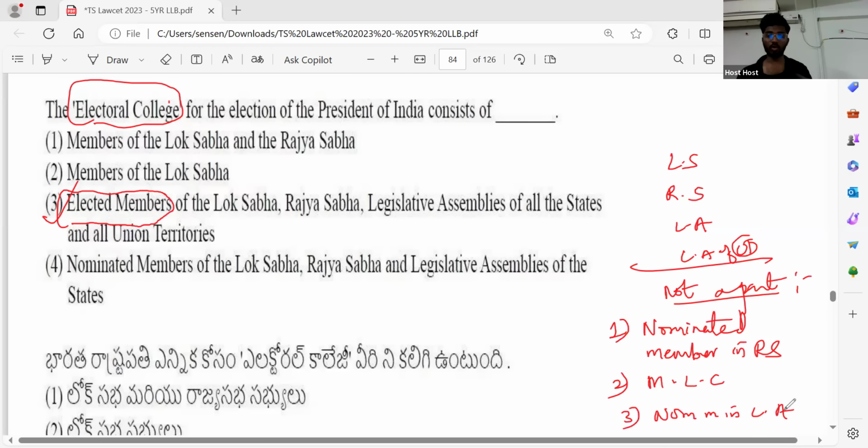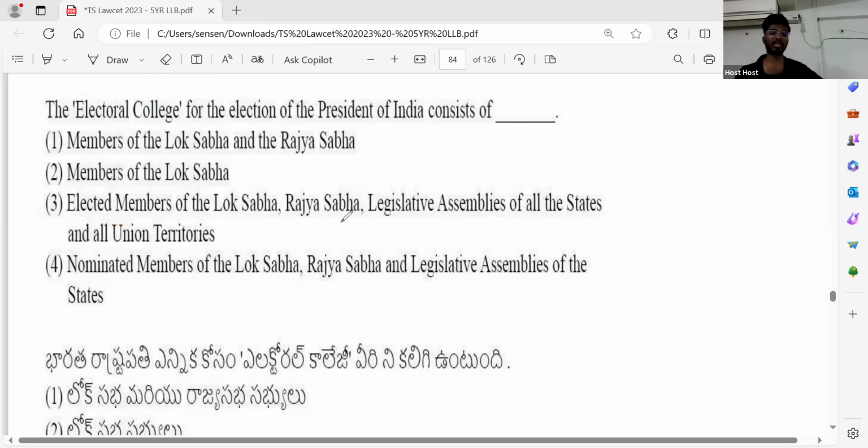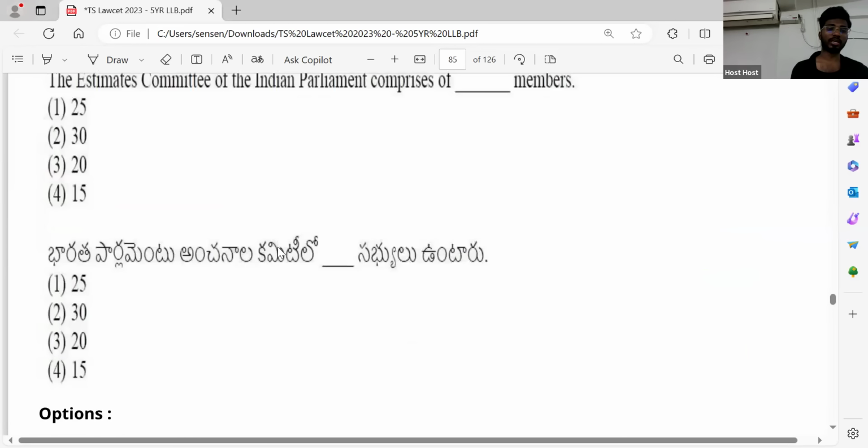But I think there are no nominated members as such in Assembly because we removed that Anglo-Indian reservation, right? Non-elected members are not allowed. So nominated members of Lok Sabha, Rajya Sabha and assemblies are not allowed. Who are allowed? Elected members of Lok Sabha, Rajya Sabha, assemblies. Only they are allowed. This question was asked multiple times in the exam. I think I showed it in the PYQ, right?